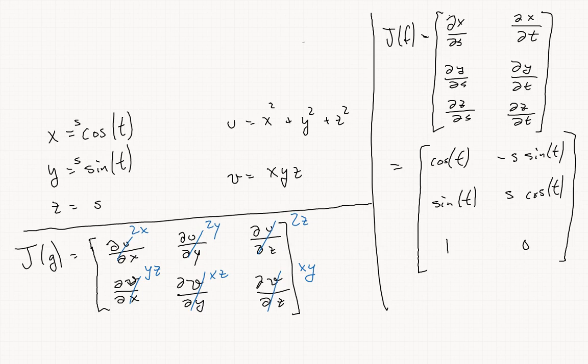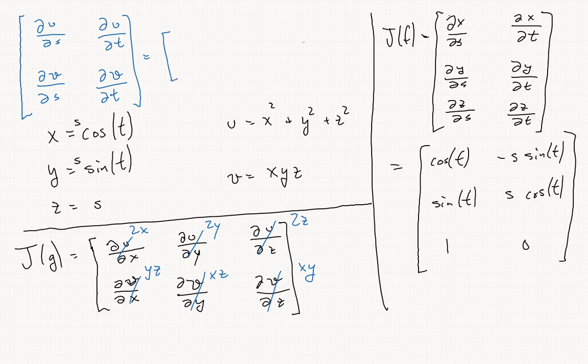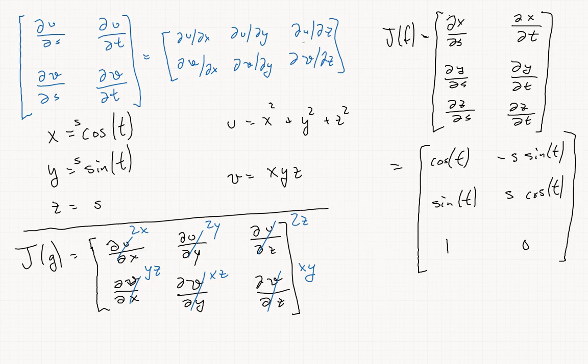And so the chain rule is going to tell us that the composite, so if we look at del U by del S, del V by del S, del U by del T, del V by del T, the chain rule is telling us that this is the matrix of del U by del x, del U by del y, del U by del z, del V by del x, del V by del y, del V by del z, times this thing.